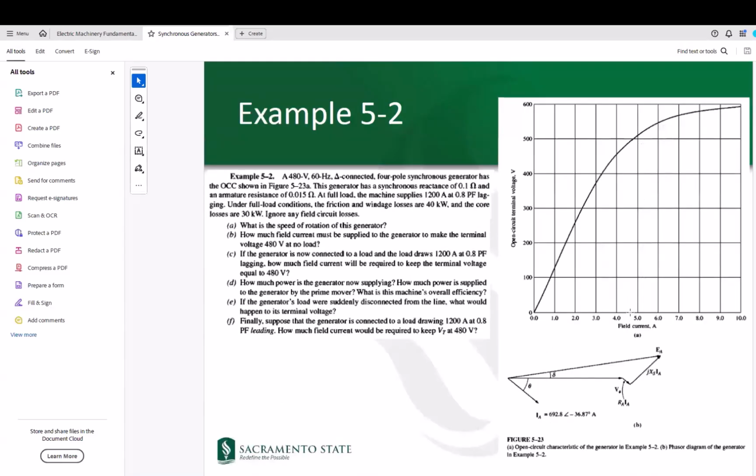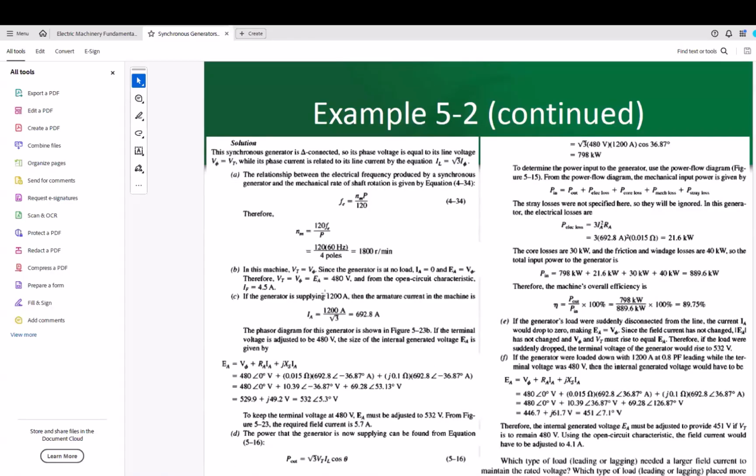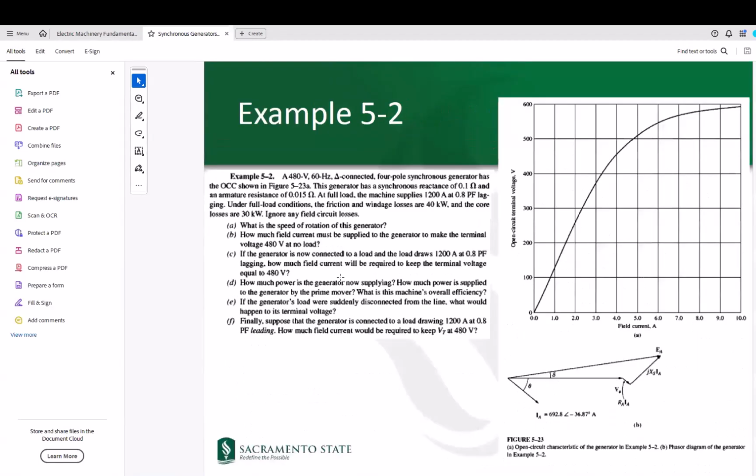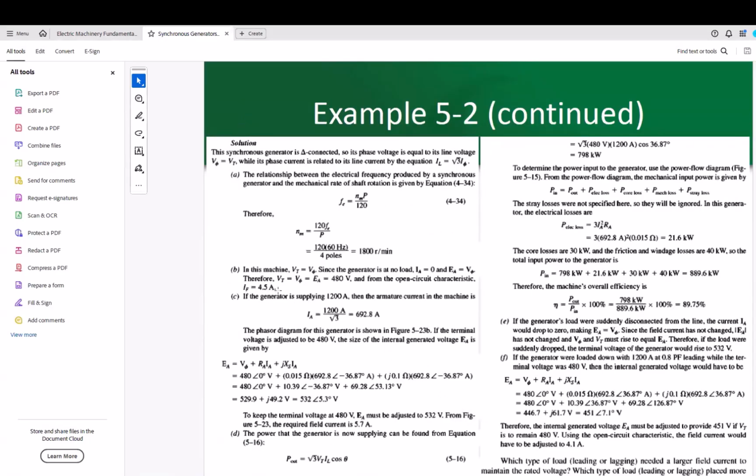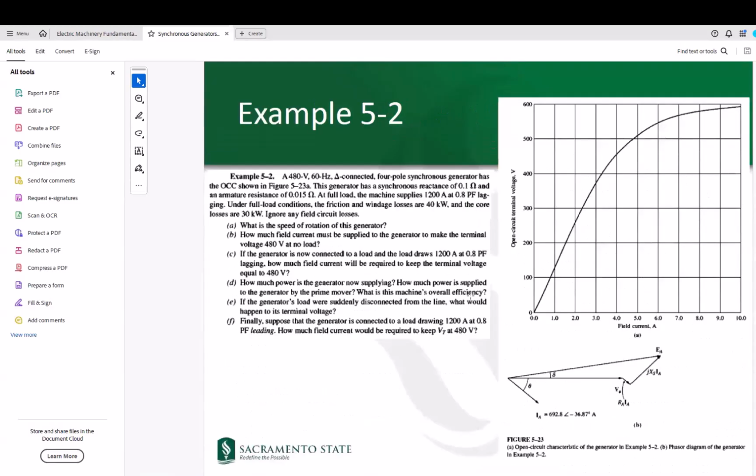So look at 4.5 on the characteristic and read the open circuit voltage, and you get 480 volts. Or look at 480 and read the corresponding IF. That would be equal to 4.5 amps. So this is the answer to the second part of the question.